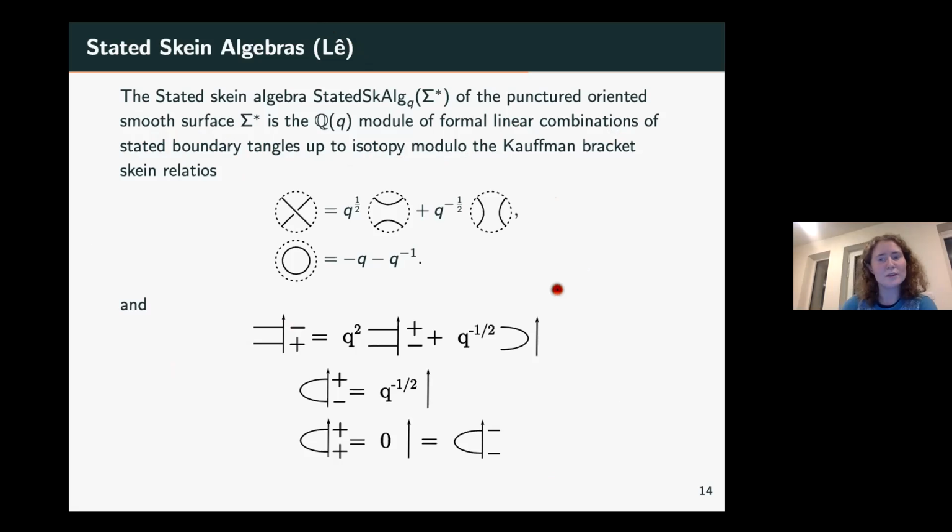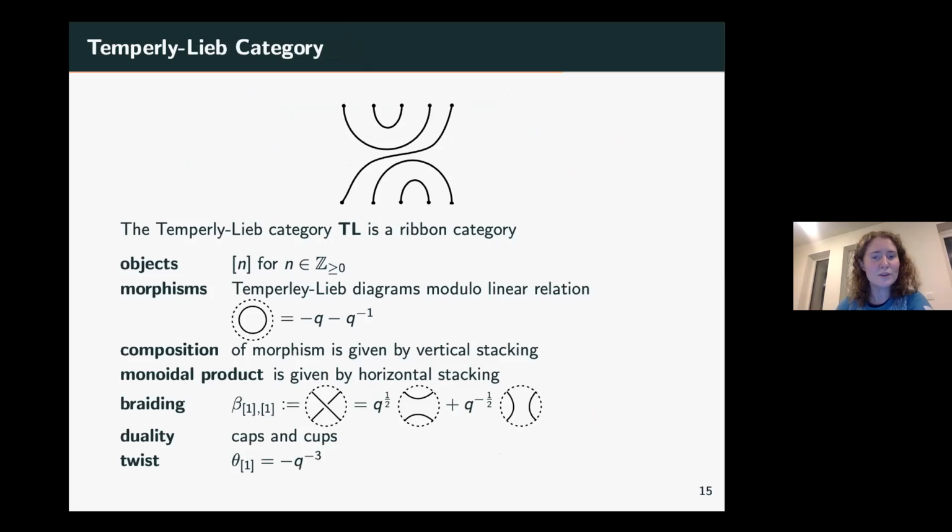And this is a well-defined algebra with nice concrete things, which maybe the other definition didn't have. This is what happens if you take your internal Skein algebra and, as your ribbon category, choose just the Temperley-Lieb category. The Temperley-Lieb category has as its objects a certain number of points.